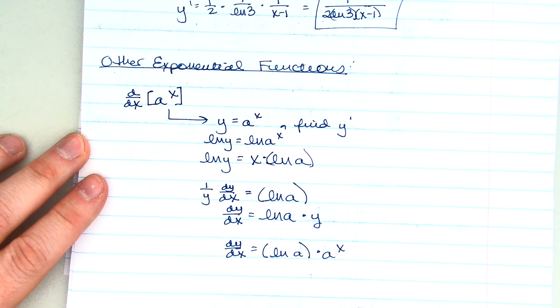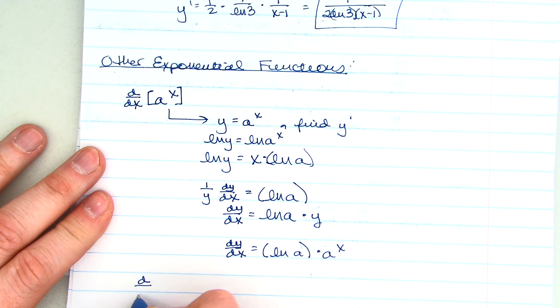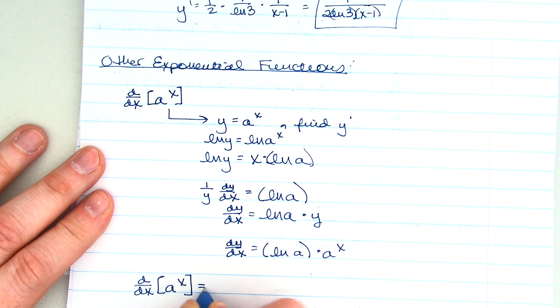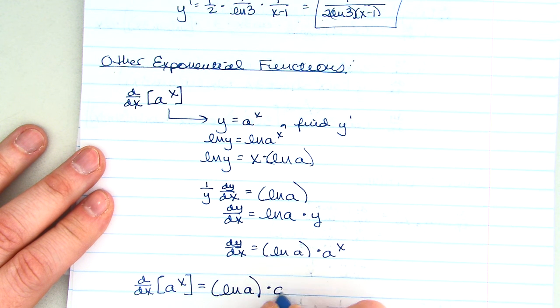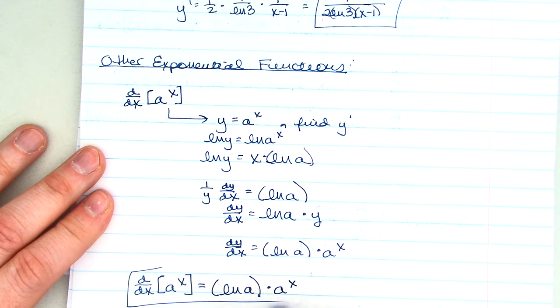That is my formula that I am now going to use for finding the derivative of an exponential function. The derivative of a raised to the x is the natural log of a times a to the x.